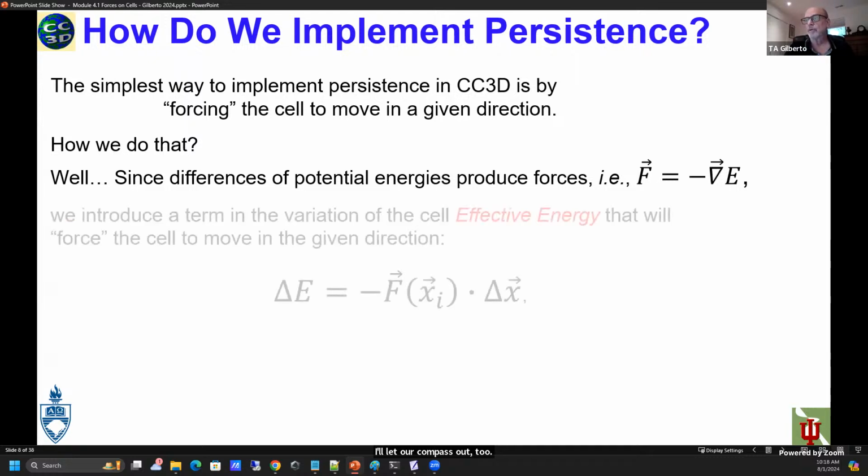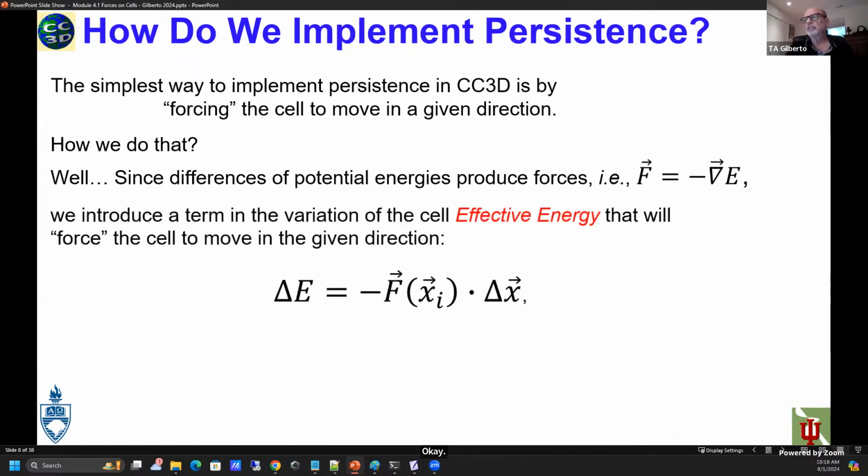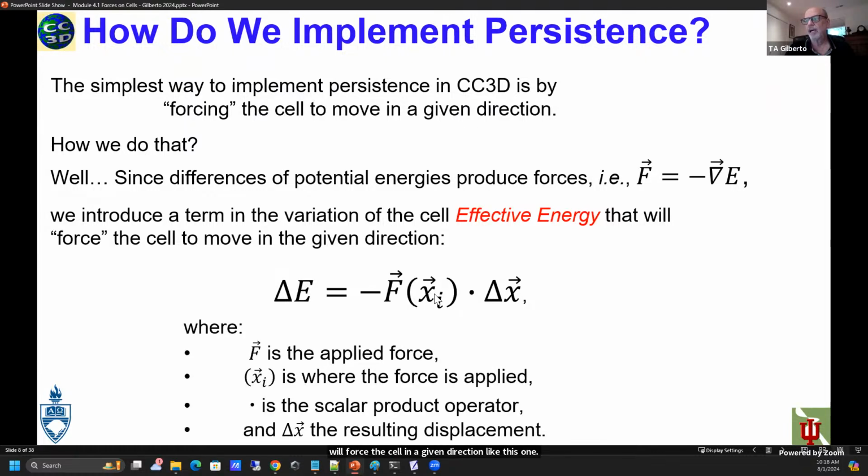Okay, so if we introduce in our effective energy a term that will force the cell in a given direction, like this one, see, this is a scalar product of a force in a given direction applied at a certain position and making the cell move in the direction determined by delta x.